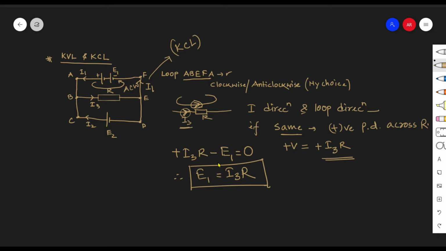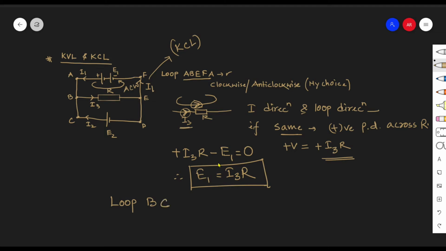The loop direction and current direction are the same, so the PD across R is positive. Current entered into the negative terminal of the battery, so it is negative E1, that equals 0. Rearranging, we got the expression E1 equals I3R.